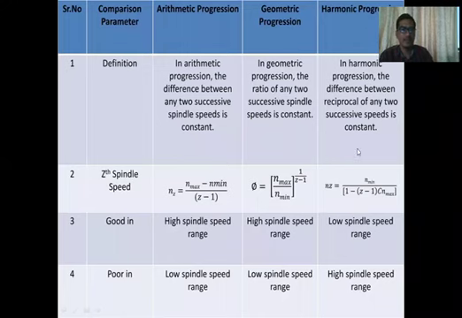So the next parameter for the consideration of the comparison is good or poor performance. The arithmetic progression is good in the high spindle speed range. It means that if we design the gearbox with the arithmetic progression, it will give good performance at the high spindle speed range. Then the geometric progression also gives good performance in the high spindle speed range.